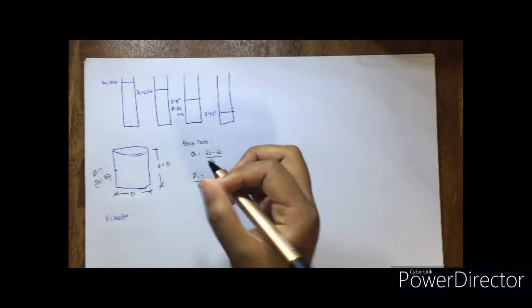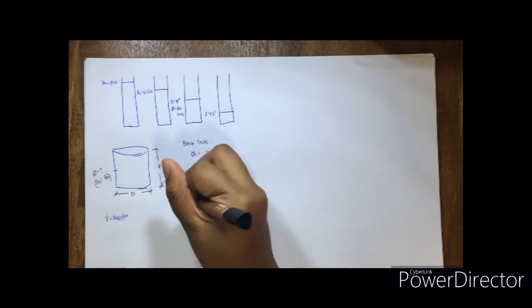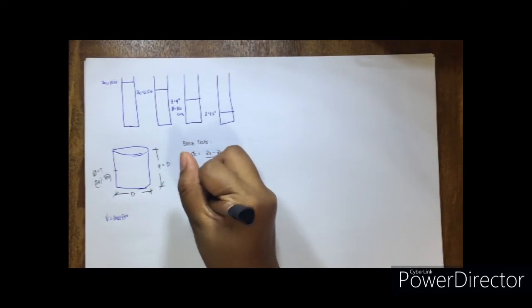So another equation that we will be using is for the hindered settling.